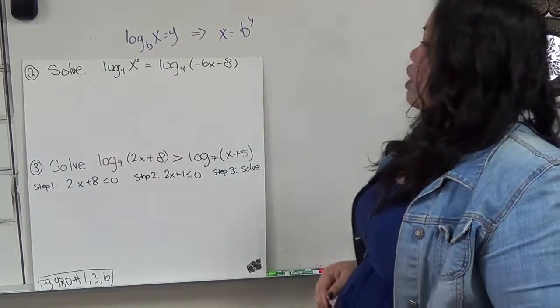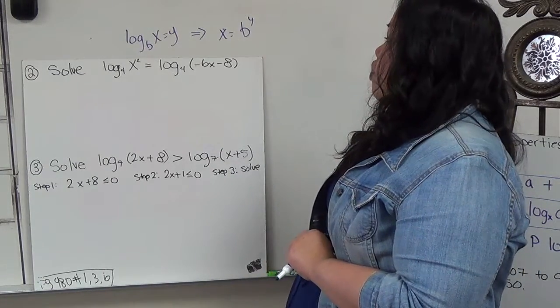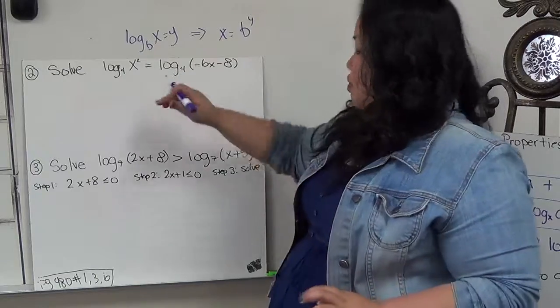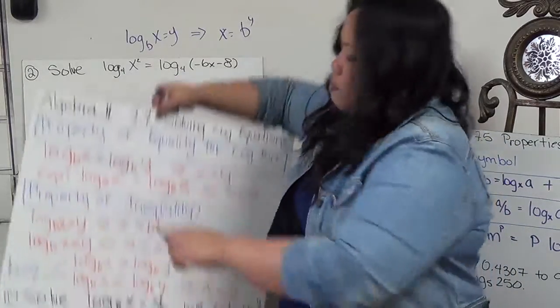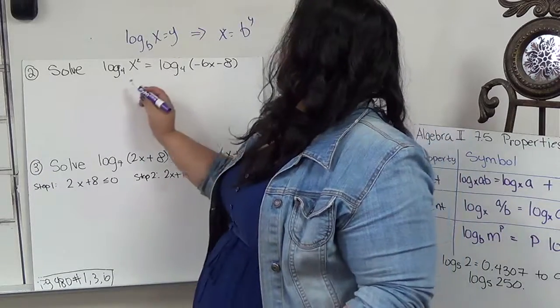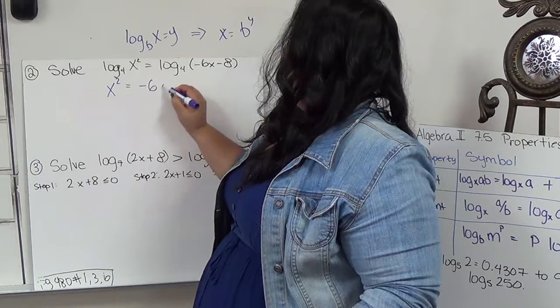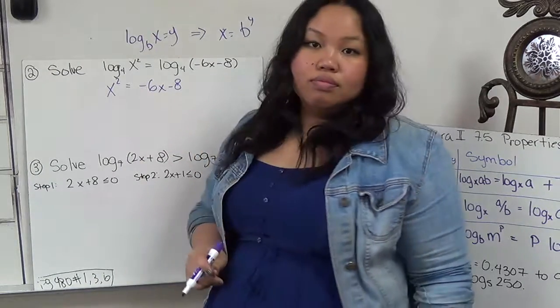So this one says to solve log base 4 of x squared equals log base 4 of negative 6x minus 8. Because of the rule that we learned here, because the log base is the same, we know that x squared has to equal negative 6x minus 8. Okay?